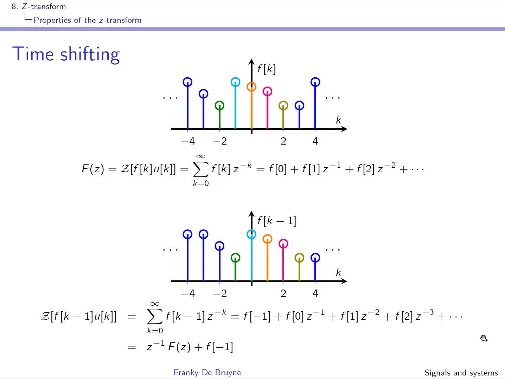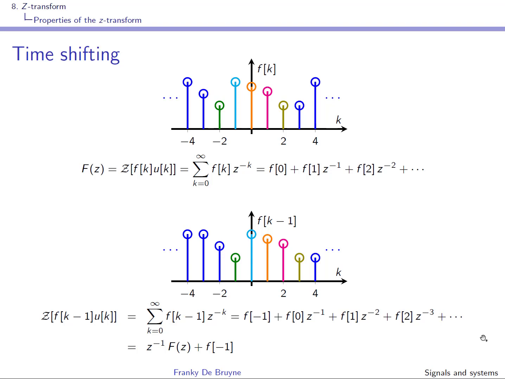So we have computed the Z transform of time shifted signals, and we have done this in a rather mathematical way. Well, there is also a more intuitive way that we'll present now, and this is maybe the way to go at the time of the exam when you look for the Z transform of time shifted signals.